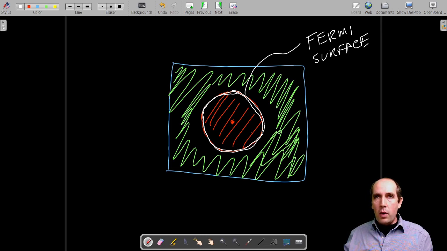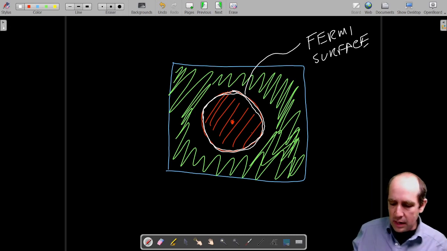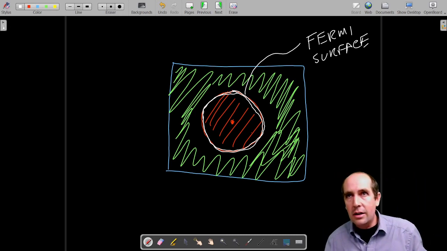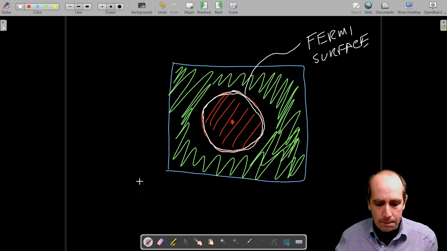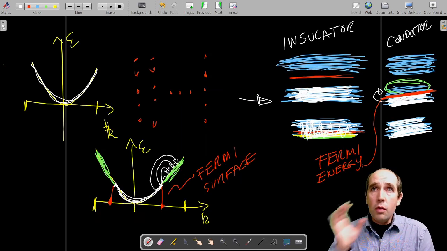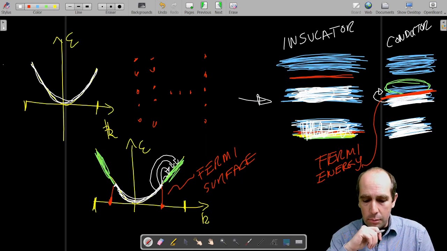And when we go to non-parabolic cases, the Fermi surface can really become something rather complicated, and in many cases very, very beautiful. I do encourage you to see some of those pictures that you can find on Wikipedia or many other web pages or in solid state books. Okay, let's go back for a second to our previous slide.